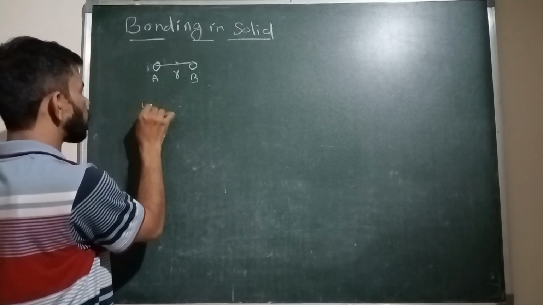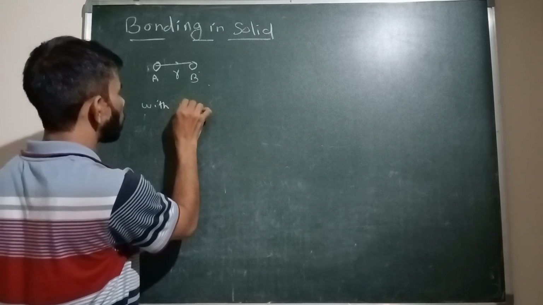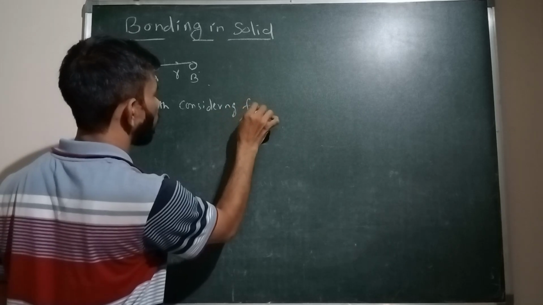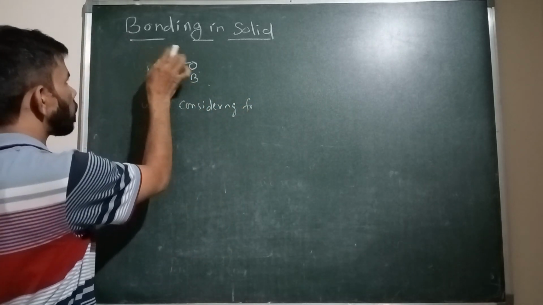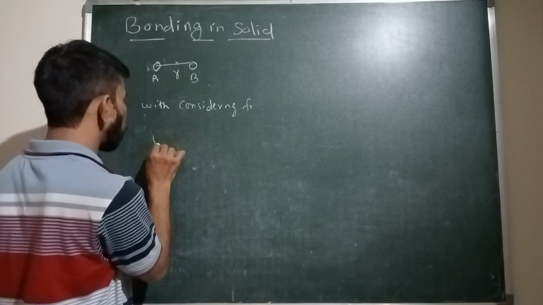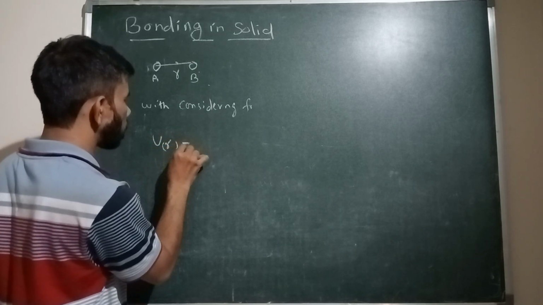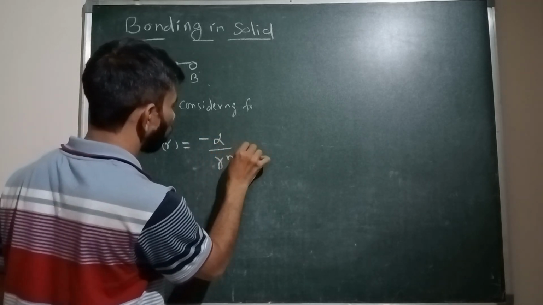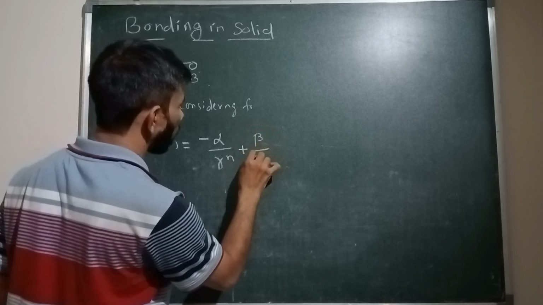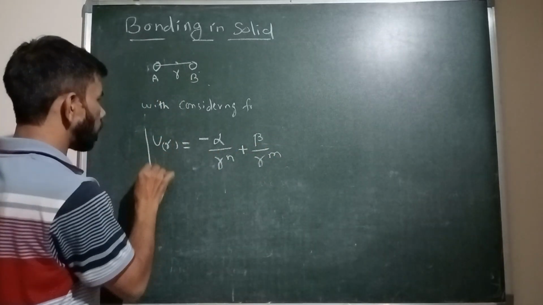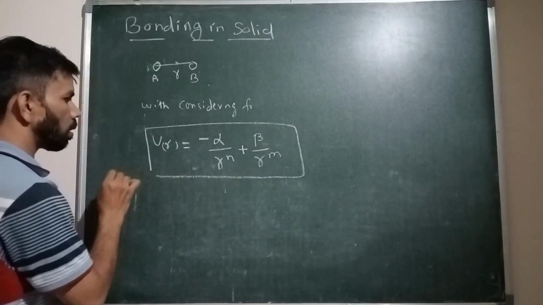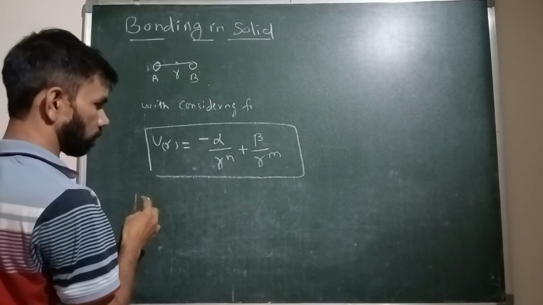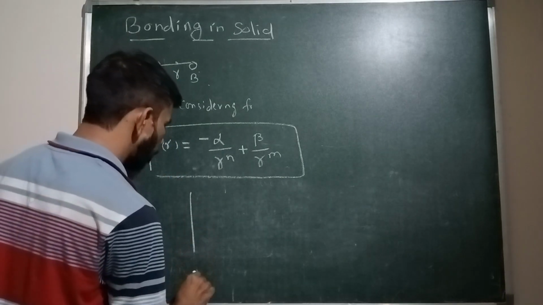Without considering the force acting between these atoms, the potential energy is written as minus alpha upon R raised to power L plus beta upon R raised to power N. This potential energy denotes the nature of the atoms. This is what we have seen graphically.